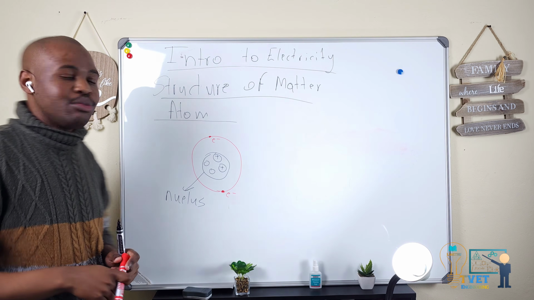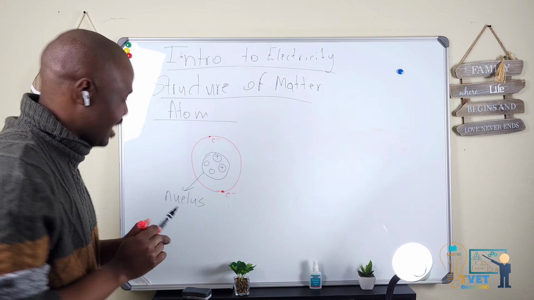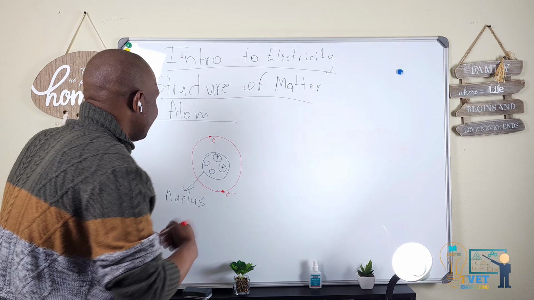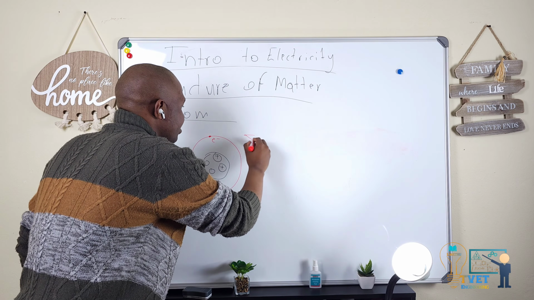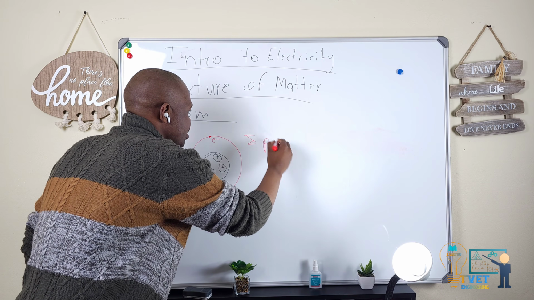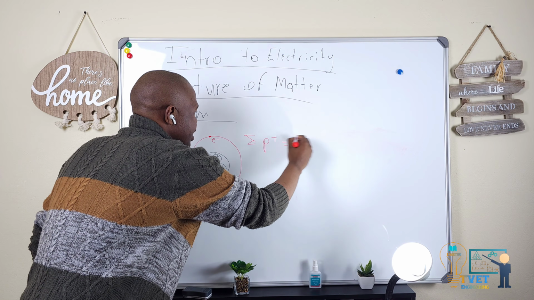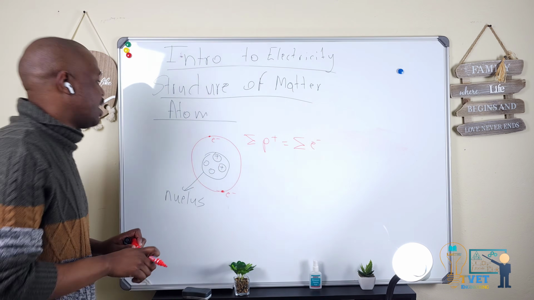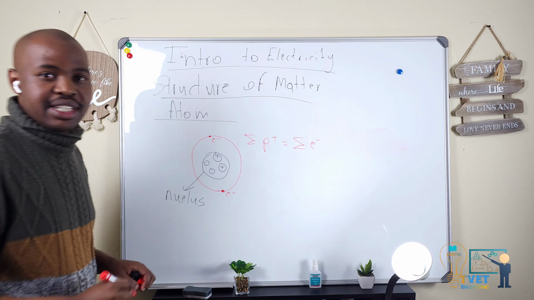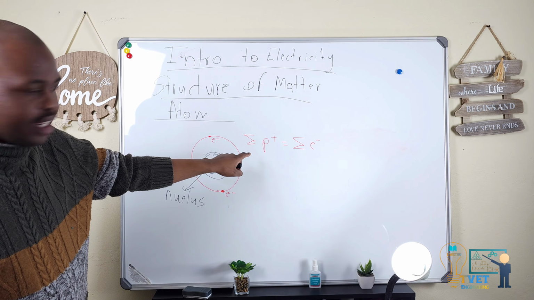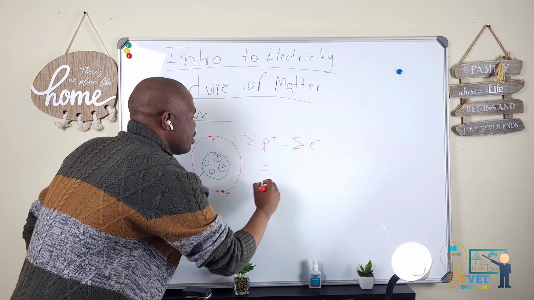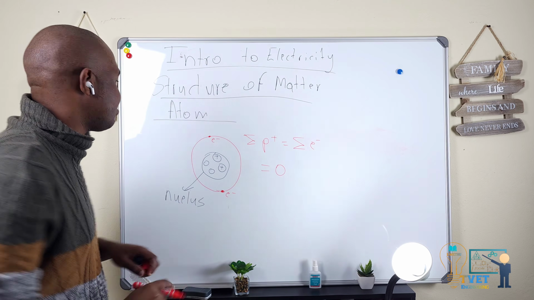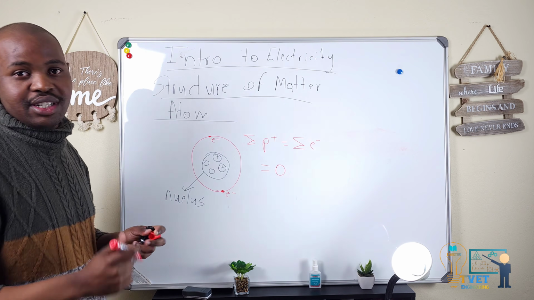For an atom to be electrically neutral, there must be an equal number of positive protons and negative electrons. That means the atom is neutral. So the resultant charge of the atom is zero. Positive and negative balance each other out.